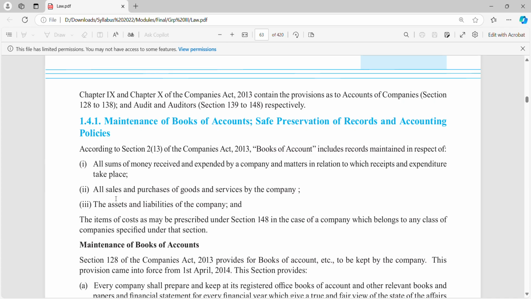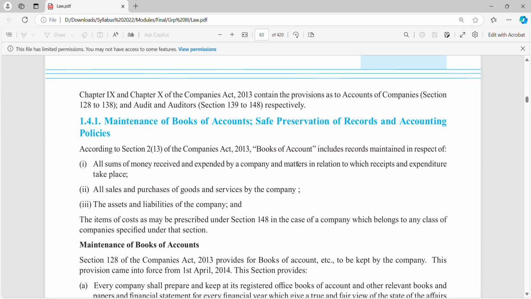Till here, these points are covered under books of accounts as per Section 2 subsection 13. Sales and purchases can be of goods or services; assets and liabilities of the company; and all sums of money received and paid.